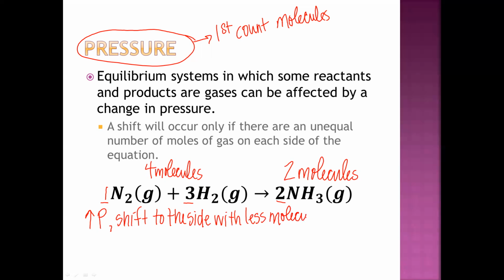So if the problem says the pressure was increased, that means that there's too much pressure now. So you would shift to the side with less molecules. So in this equation, that would be the product side. So we would shift towards the products because the products have less molecules. And with less molecules, that lowers the pressure back down.